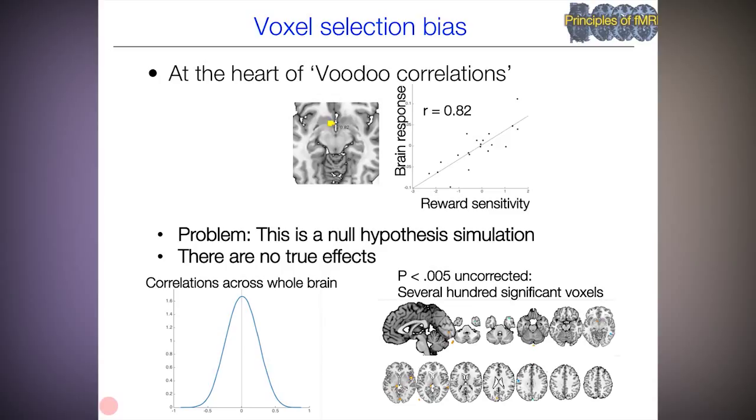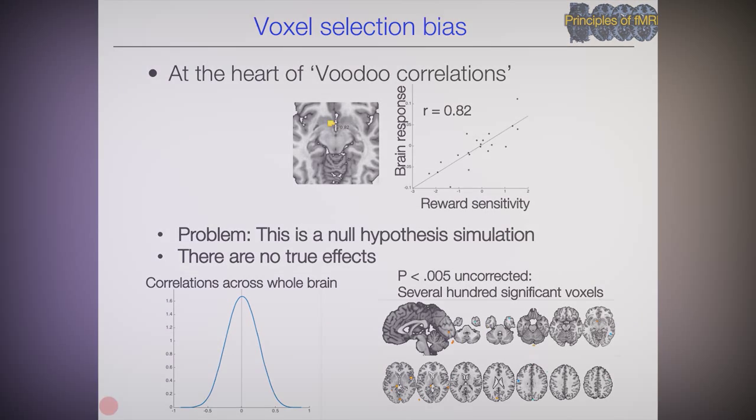At 0.005 uncorrected, there are several hundred significant voxels. So I see lots of findings. And what I did is I picked out the nucleus accumbens finding and zoomed in on it, and it looks great. So at uncorrected thresholds, the problem is you'll find something every time. This is something we have to guard against. So here's a series of simulations, null hypothesis simulations.